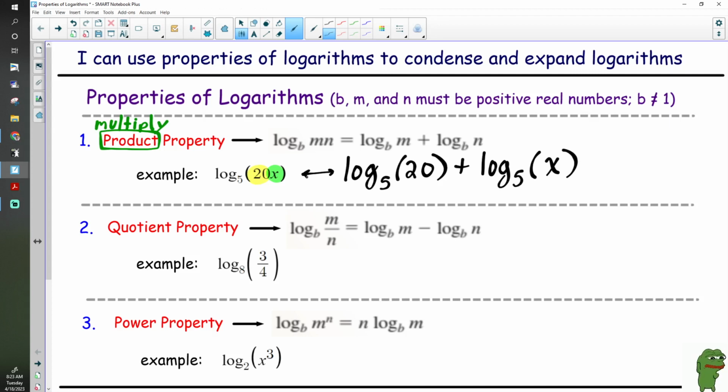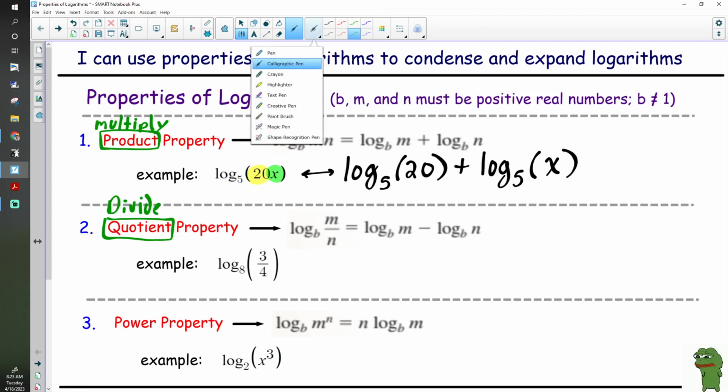Okay, the second property, just like this one, except it's called the quotient. Quotient is a fancy math term for dividing. The quotient property can be used whenever two things are being divided on the inside of a log.